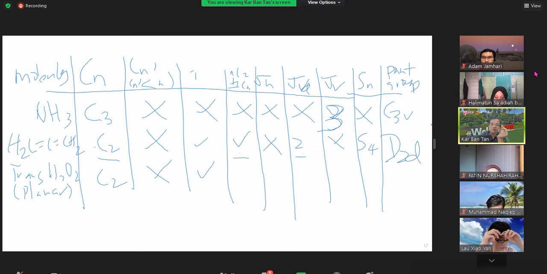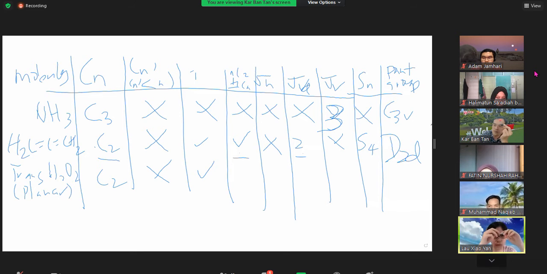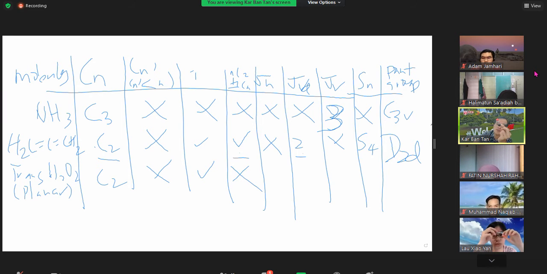Next column, does it have C2 perpendicular? No. Sigma h, does it have sigma h? Yes. Where is your sigma h? Your principal axis is here. Remember, the principal axis is here.